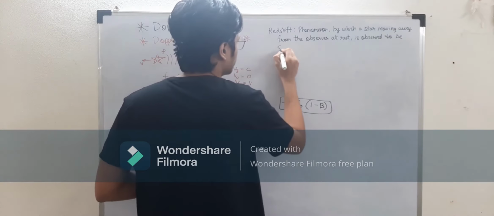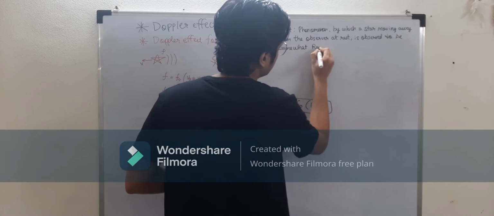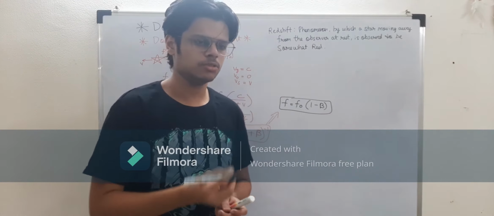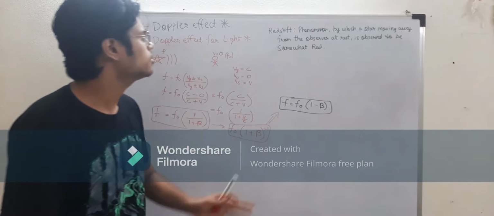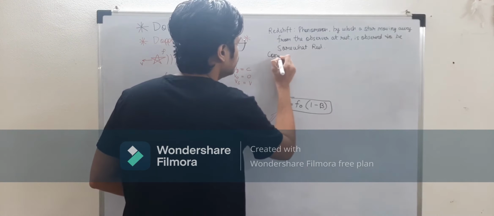Observed to be somewhat red, I would say. Somewhat red, because no star can be observed directly to be red. It will be increased in wavelength, and that's why the light source will appear somewhat red. This is known as redshift. And consequently you have blue shift.